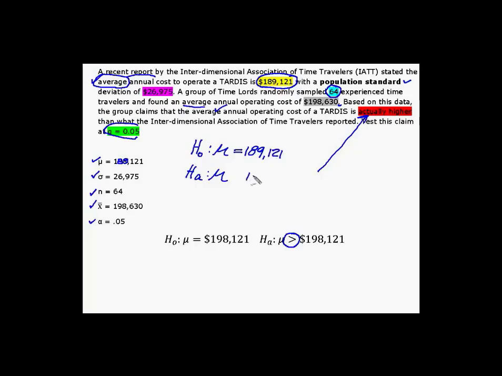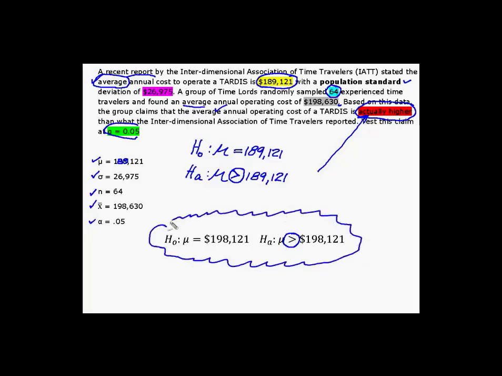And we also know that this number is always going to be the same as the one from H naught. So now all I have to do is decide what value goes here, and that's where I use this in red. They claim that it's actually higher, which gave me that greater than sign, which gave me this beautiful set of hypotheses statements right here.